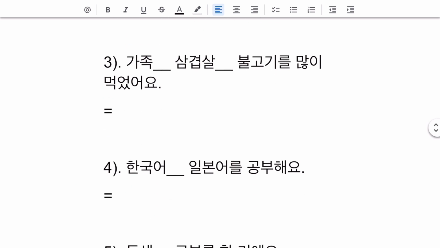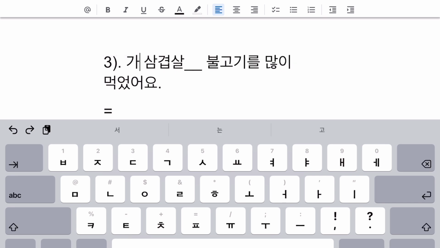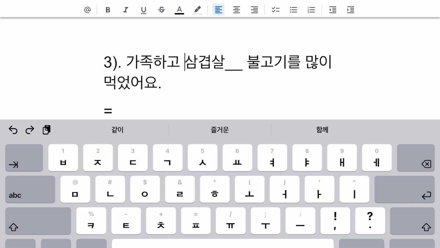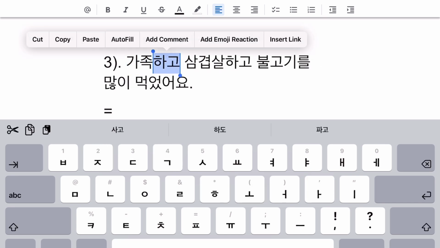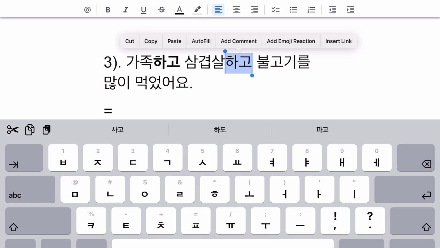And our last one. 가족 삼겹살 불고기를 많이 먹었어요. 가족. That's family. 삼겹살 is a type of Korean dish. So is bulgogi, if you didn't know. I won't explain what those are, but if you're curious, you can go check them out. They're both delicious. So, 가족. This is easy though. There's only one word it could be, right? 하고. 가족하고 삼겹살. 하고.